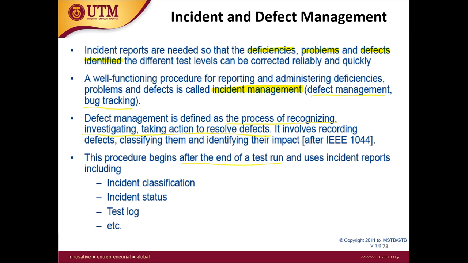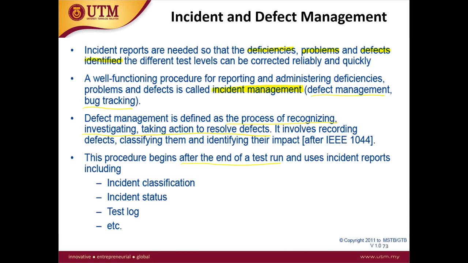Okay, so for incident and defect management, what is the incident? Incident reports. We need incident reports so that deficiencies, problems, and defects identified at different levels can be corrected reliably and quickly. Also we can keep track of the incidents or defects that we identify during testing or during the operation of the software.